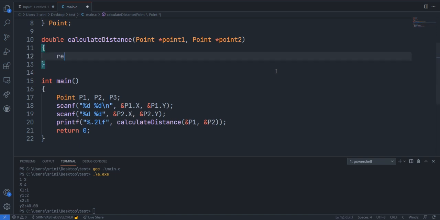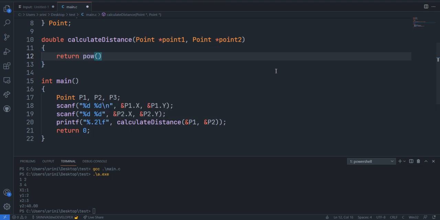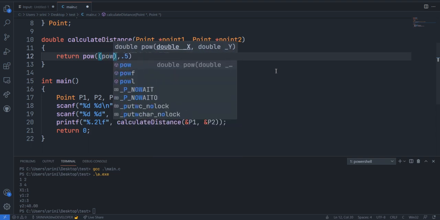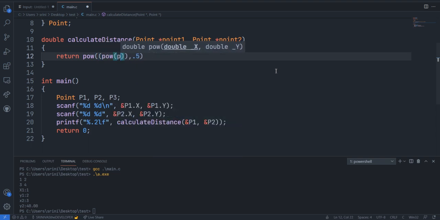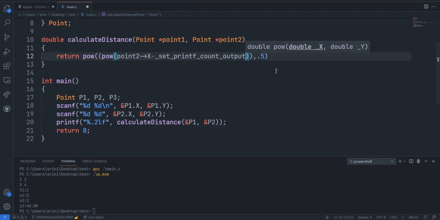Return pow of, this should be 0.5 because that represents the root, and then this should be pow of point2 x minus point1 x.